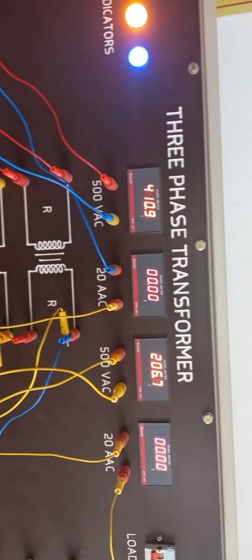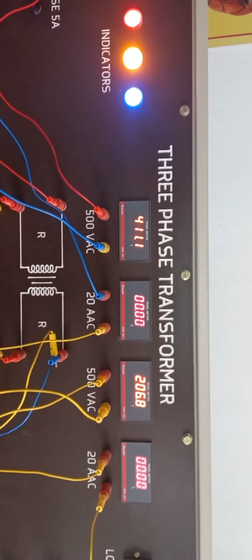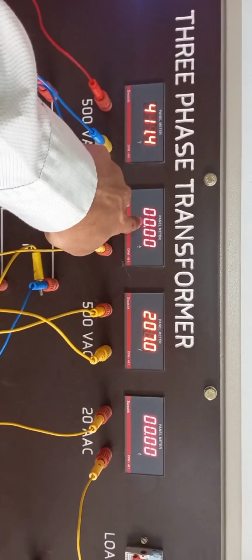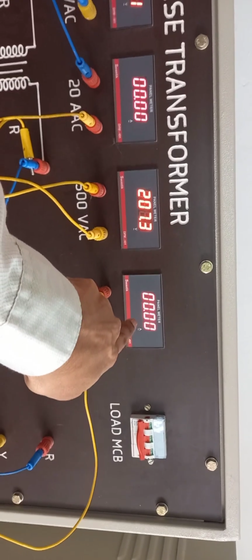Actually it is 440 three phase, but I have taken only 410 here. So at no load condition, the current values are 0.